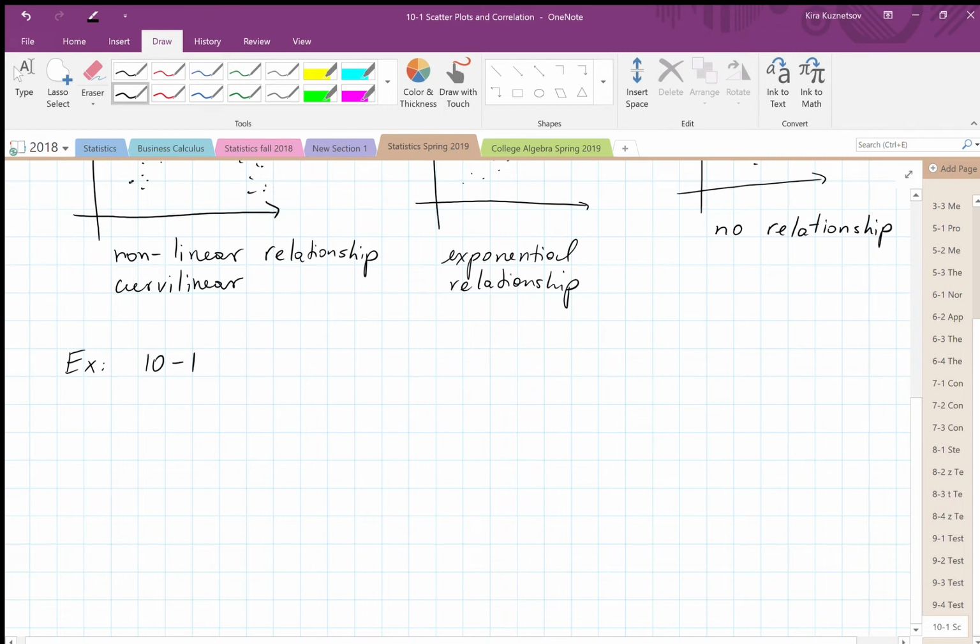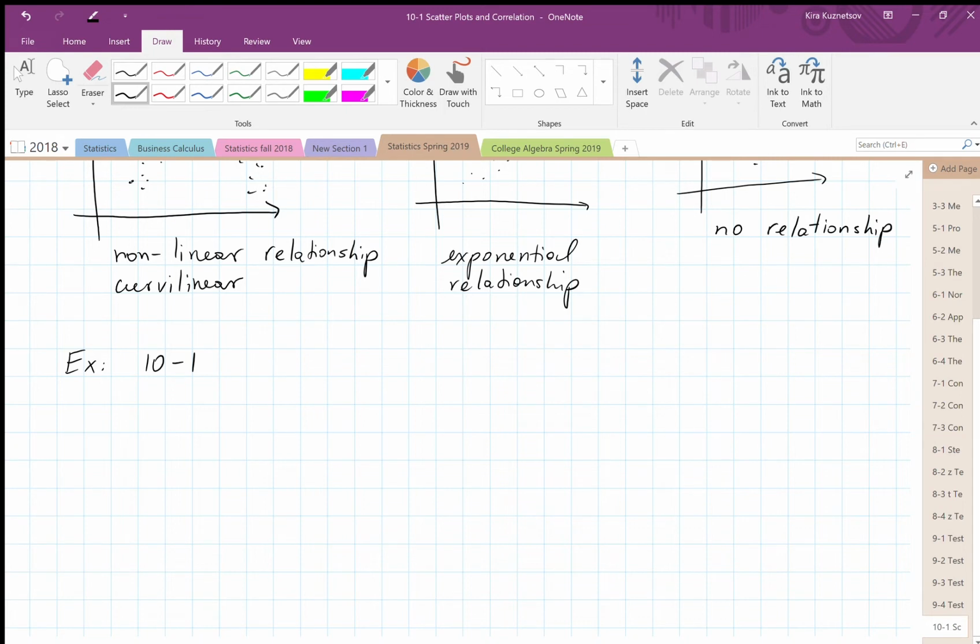I have companies A, B, C, D, E, and F, and I have the car rental companies in the United States for recent years, cars in 10,000s versus revenue. So the question is, is there a relationship between cars the rental company has and the revenue that it produces?